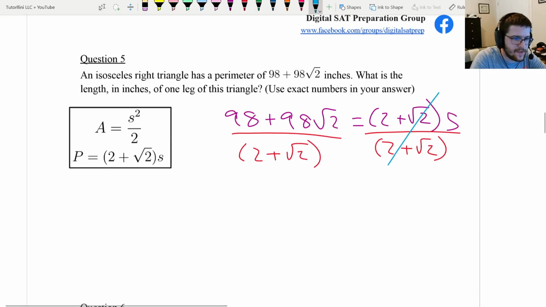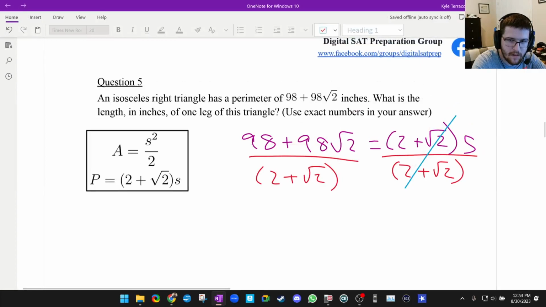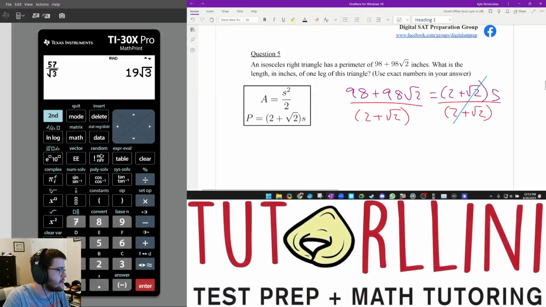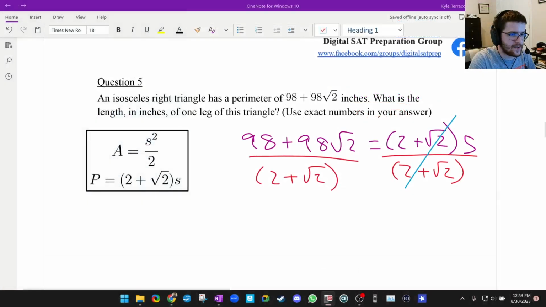And let's see here. So we're going to do 98 plus 98 root 2 over 2 plus square root of 2. And it seems we get 49 root 2. So why don't we write that down for S?